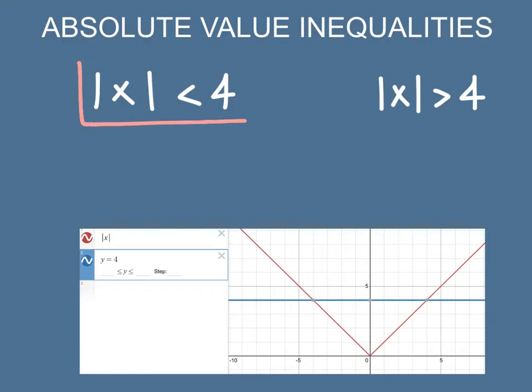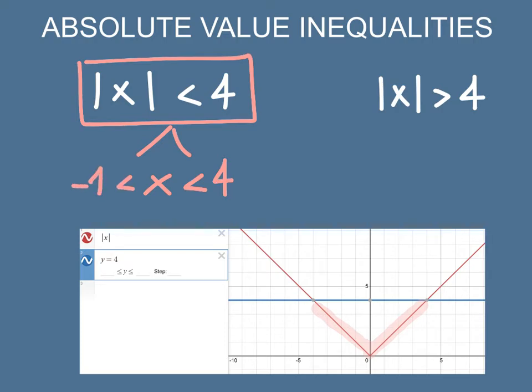If I look at this part here, it's below the line between -4 and 4. So I can just solve this and say that x is less than 4 and at the same time is greater than -4. In between these x values of -4 and +4, we are less than 4.